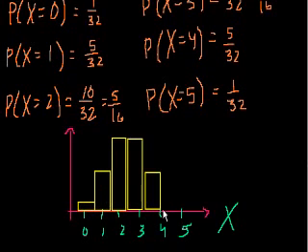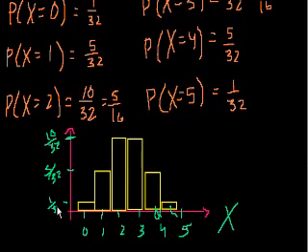And let's say this last one is for 5. Nope, the drawing is the hardest part. It's going to look something like that. Alright, so this is for 5, and this is for 4 right here. And this right here is 10 over 32, or 5 over 16. This is 5 over 32. And this right here is 1 over 32.